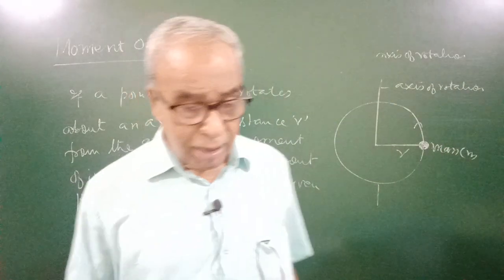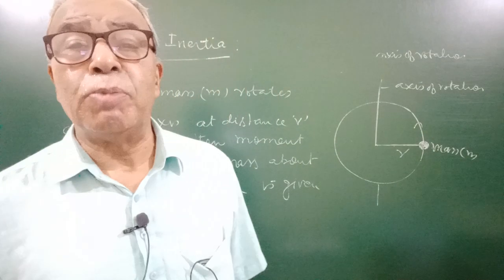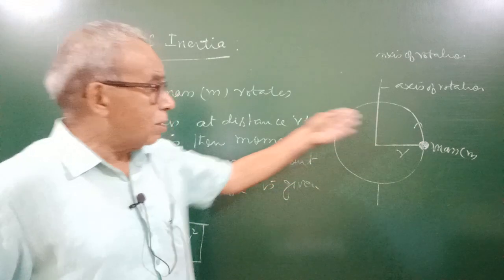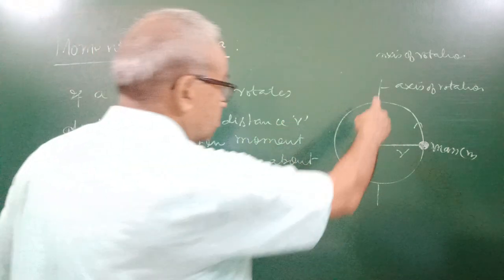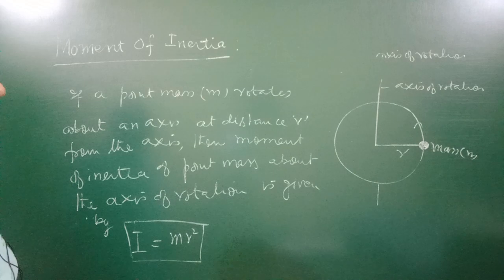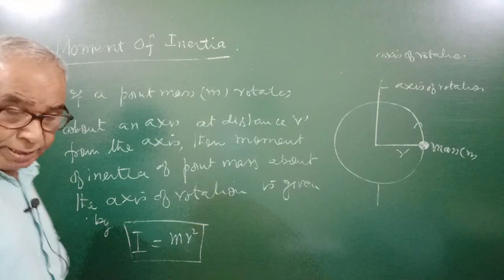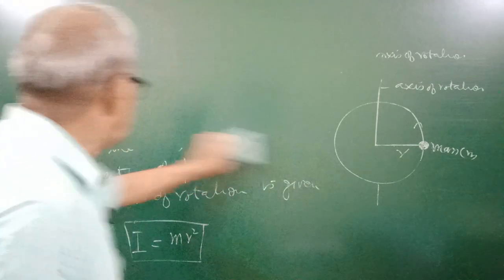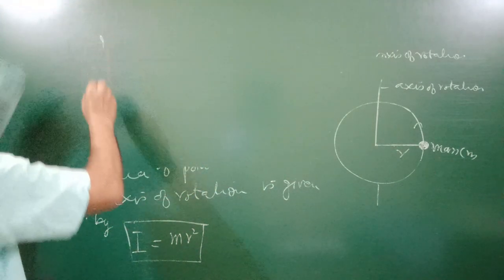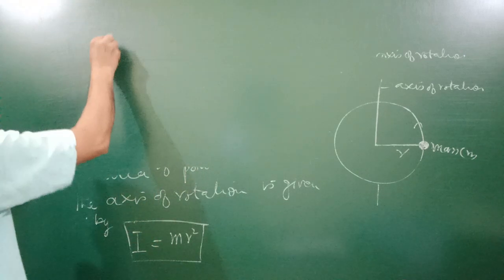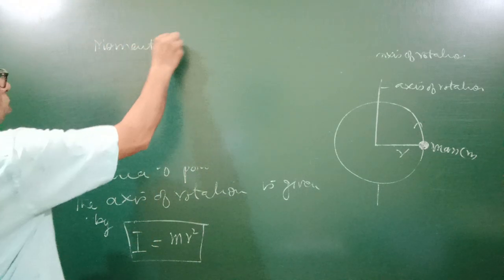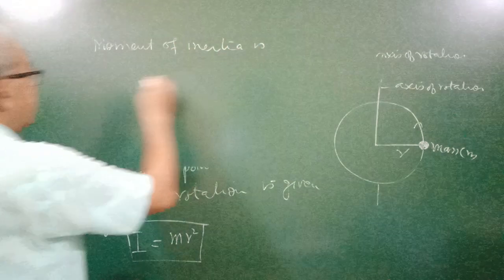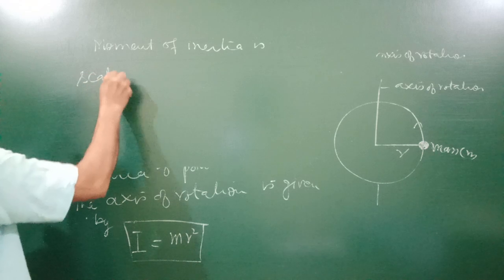The moment of inertia of a point mass rotating in a circular path about this axis is given by I equals m r squared. Moment of inertia is a scalar quantity.